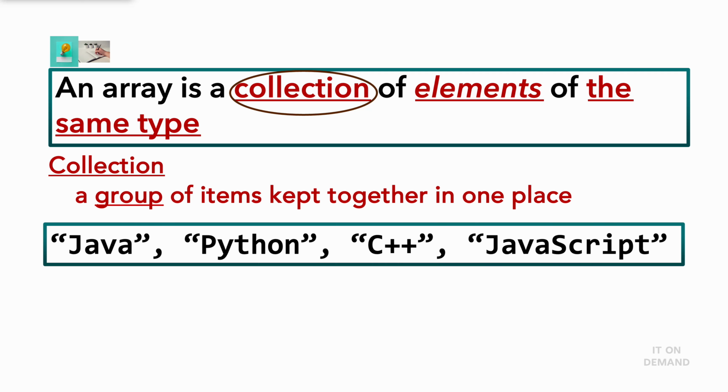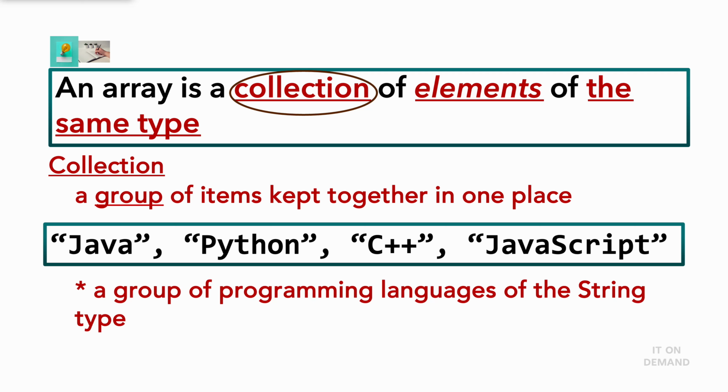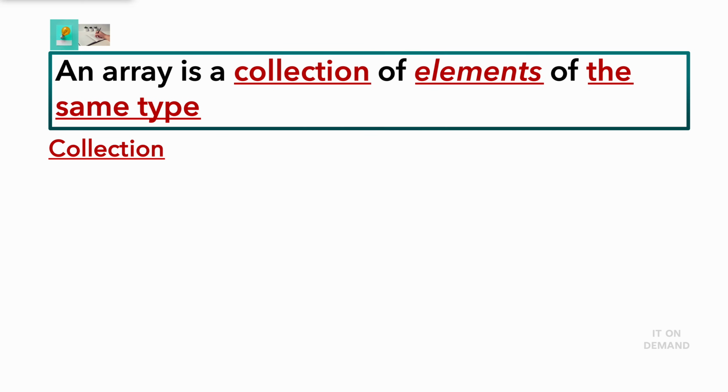So if we look at these programming languages, we've grouped them together in one box, right? Java, Python, C++, JavaScript, all of them are boxed together. They are a group of programming languages. And so we can say they're a group of programming languages of the string type, something we already established before.